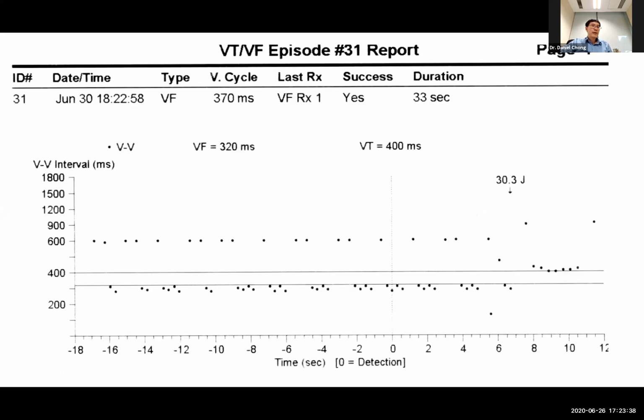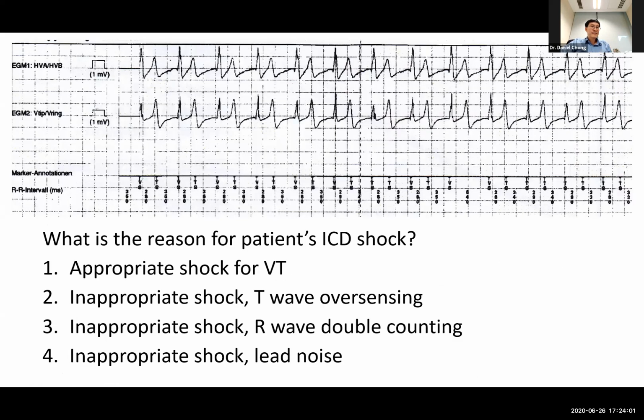Okay, so case 5 is a patient, again, with an ICD and a very classical kind of pattern on this diagram over here. I think most of us will already be thinking about some differentials. Okay, let me go on to the next slide.